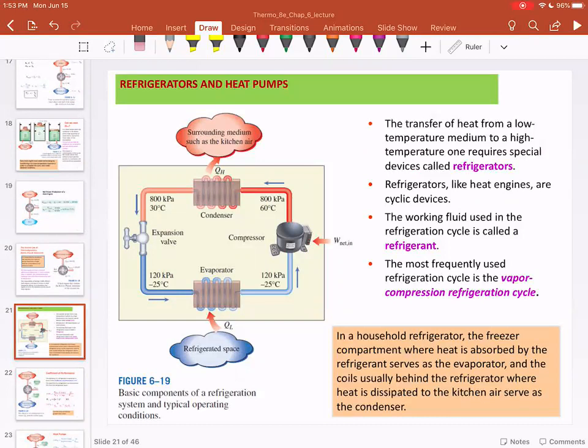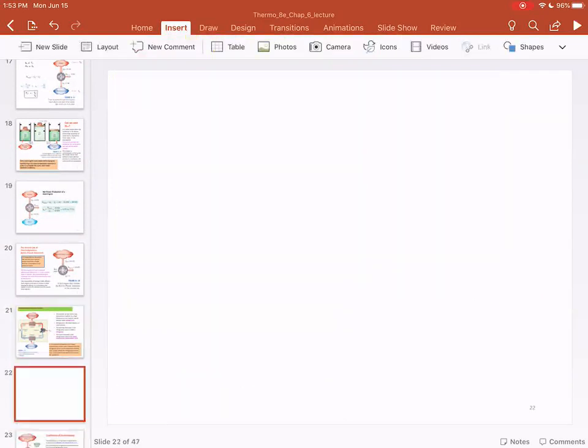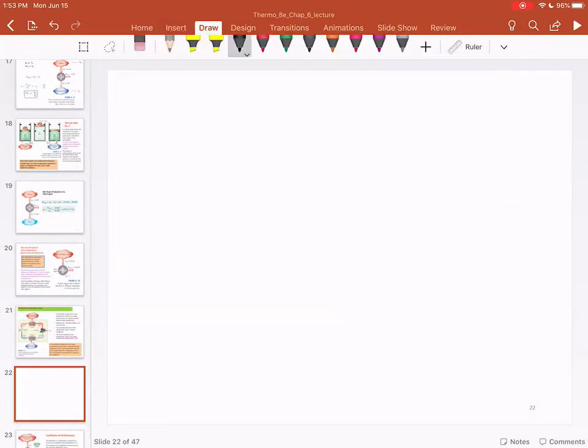Now let's talk about refrigerators and heat pumps. So how does a refrigerator or heat pump work? I'm going to try to give you a very simple example. So how does an air conditioning or refrigerator work?